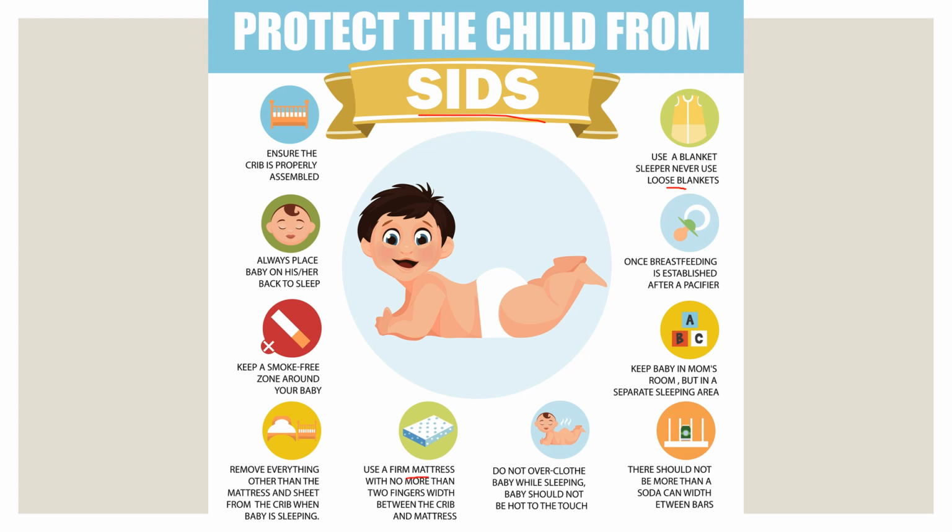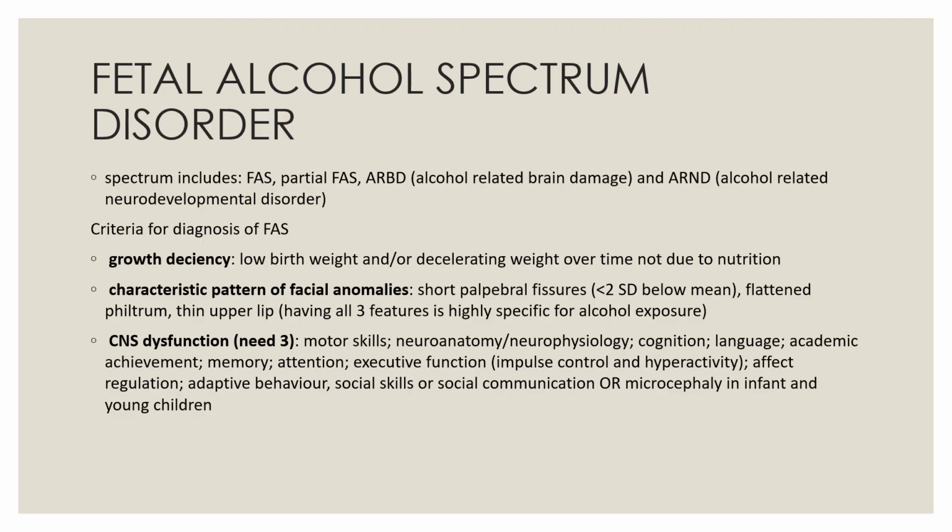Use a firm mattress, no soft bedding. Remove everything other than the mattress and the sheet. No toys. Keep a smoke-free zone around the baby. Always place the baby on the back to sleep. Ensure the crib is properly assembled. So these are things you can try to protect the child from SIDS.